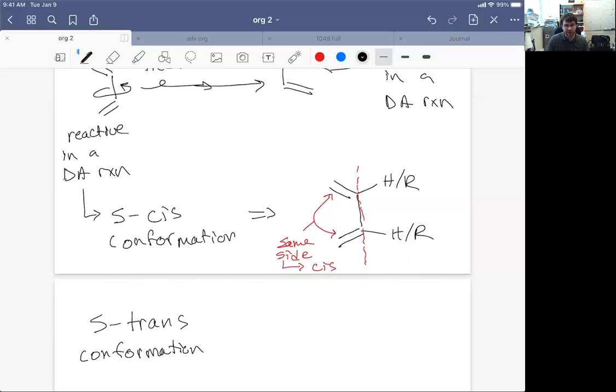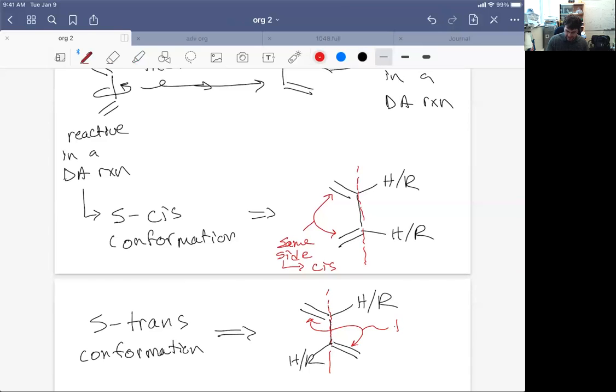But we could consider a trans-like relationship using the same analysis, where now I've got one of the alkenes flipped away. So if I draw a sort of dashed line across the single bond separating the two alkenes, I could have an H and R group. The H and R groups are now on the opposite side. The alkenes are now on the opposite side. So we say that this is trans.